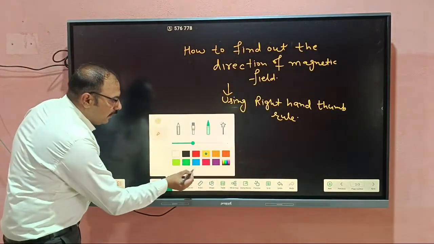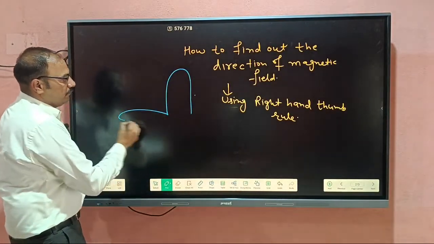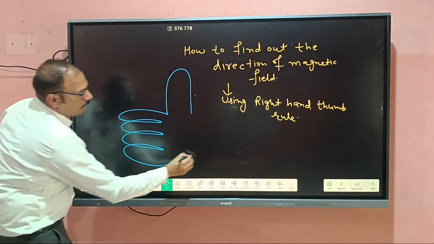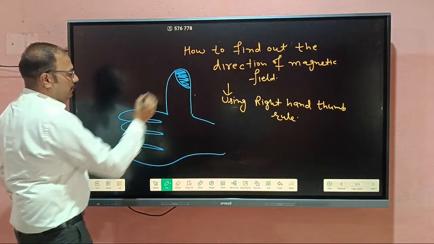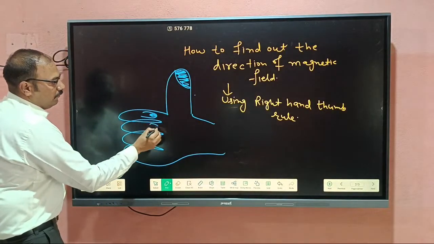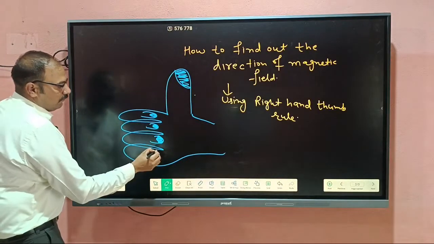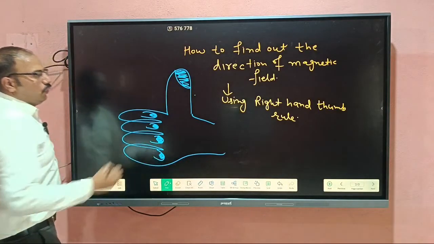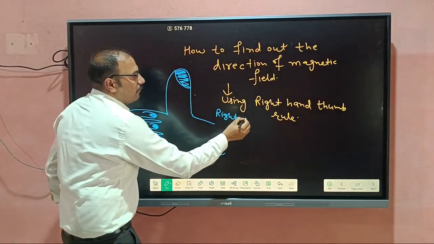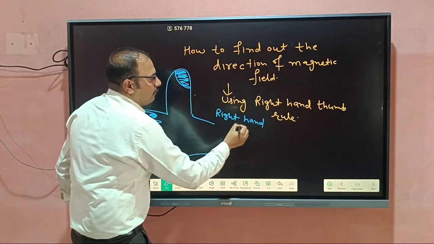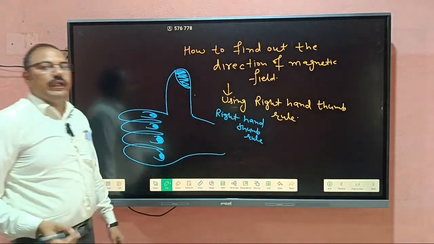So we can make a diagram of it. So for example, this is the right hand thumb rule. We take a wire.